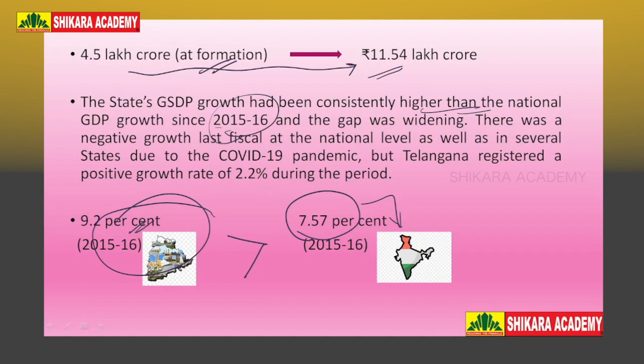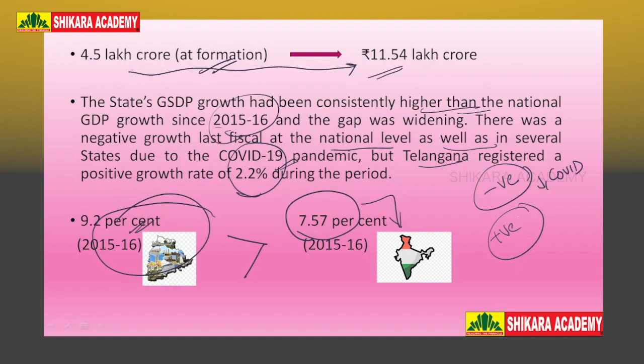There was negative growth last fiscal at the national level as well as in several states due to the COVID pandemic. But Telangana registered a positive growth rate of 2.2% during this period. So at the national level and in many states, a negative growth rate was recorded because of the COVID pandemic, but Telangana is one of the few states which recorded positive economic growth.